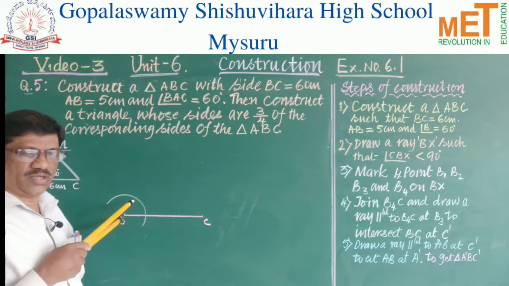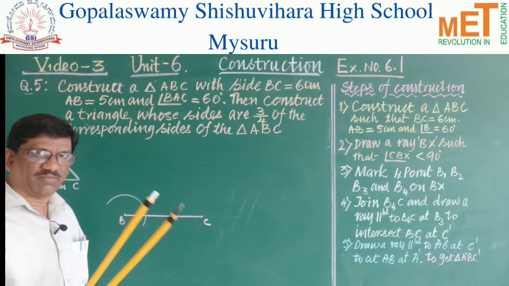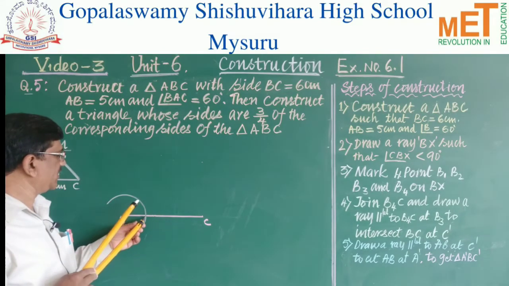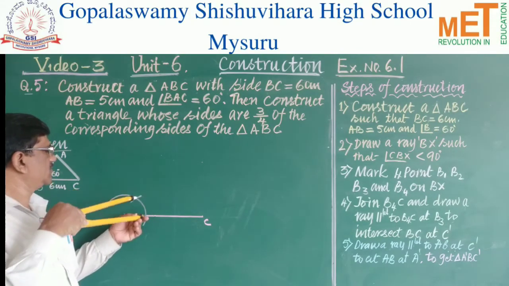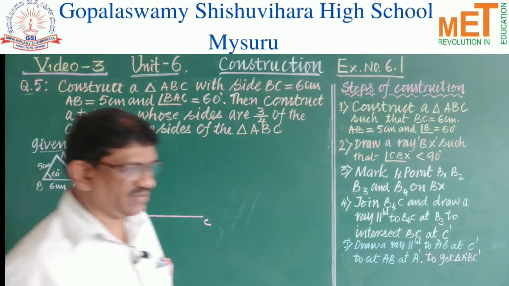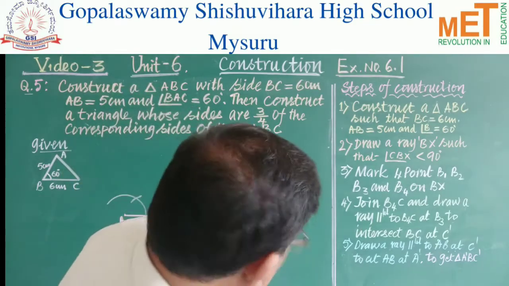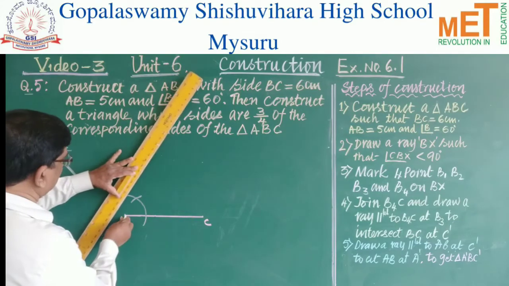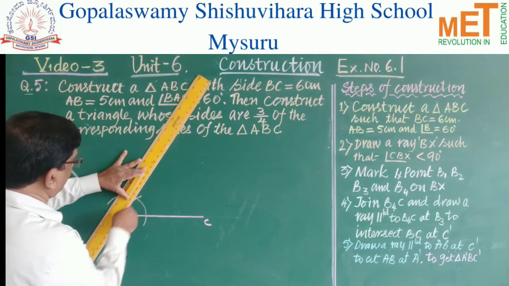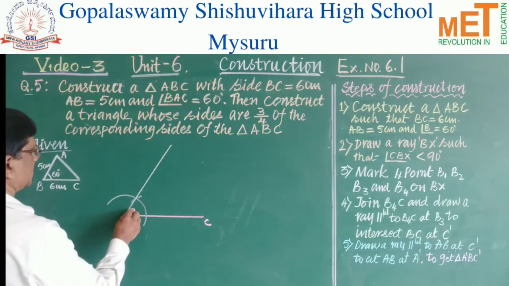Without altering the radius of the compasses, with this point as a center, cut the arc. So automatically, if you join the point of intersection with B, that gives you 60 degree. Produce it. So this automatically will be 60 degree.